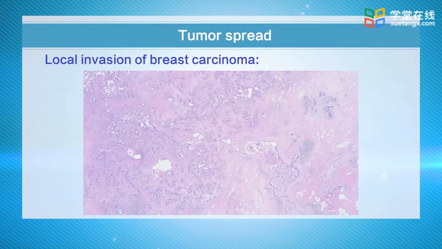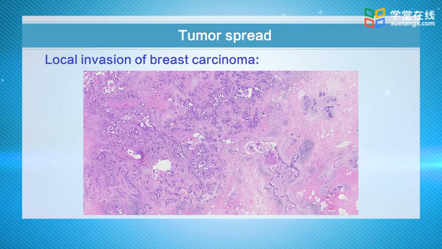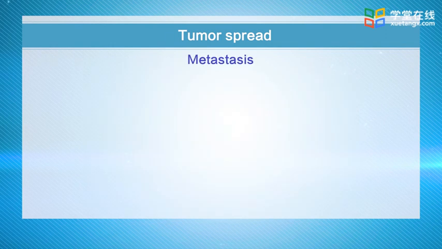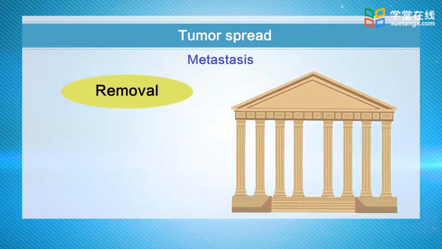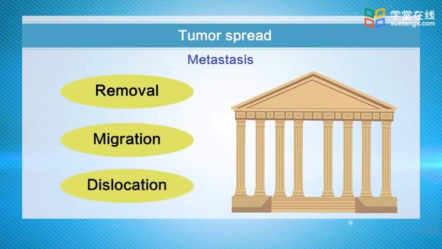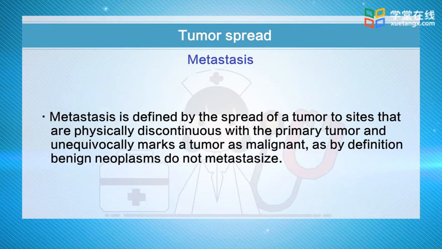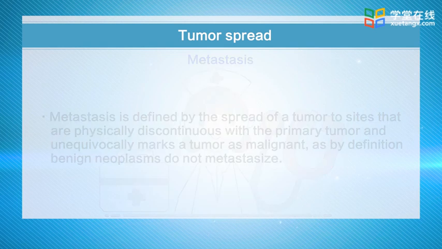A microscopic view of breast carcinoma illustrates the invasion of breast stroma and fat by nests and cords of tumor cells. Note the absence of a well-defined capsule. Metastasis in Greek means removal or migration, dislocation, but also departing from life. Here, tumor metastasis is defined as the development of secondary tumor implants, discontinuous with the primary tumor within the host body.